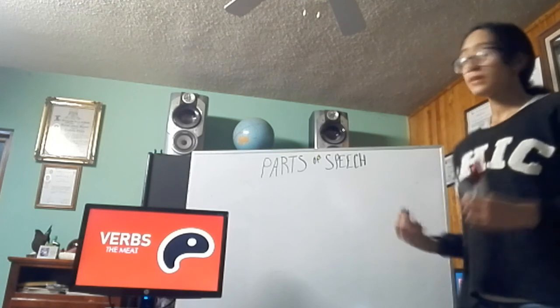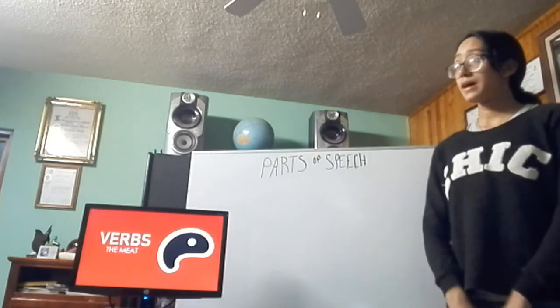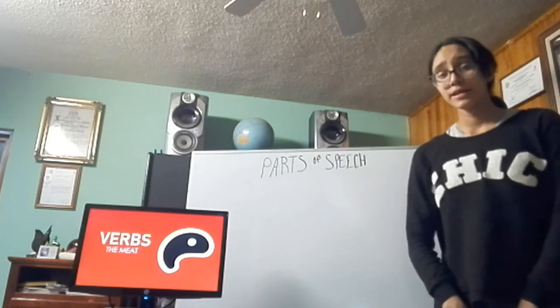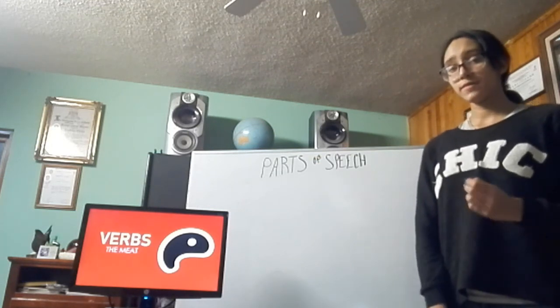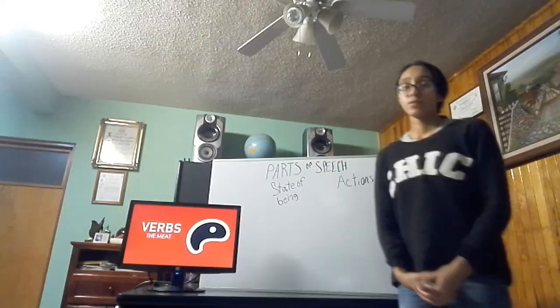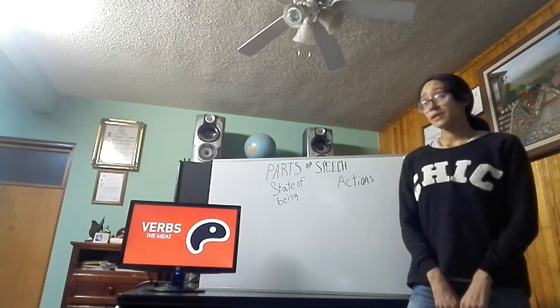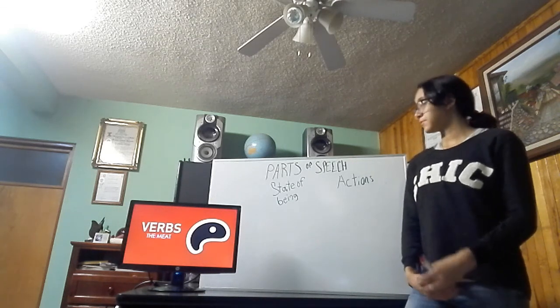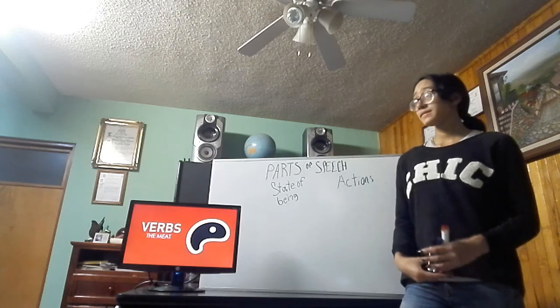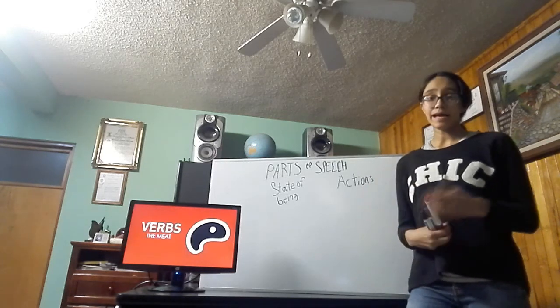They are really important to the parts of speech, and also like the noun, they are one of the easiest but really important parts of it. When it comes to verbs, you can classify them in certain ways. For example, in this case, we can classify them as states of being and actions.